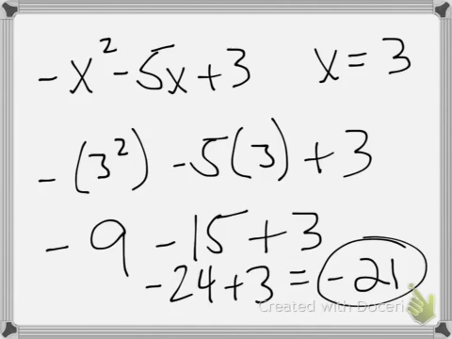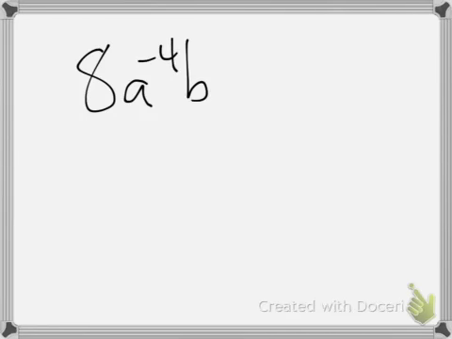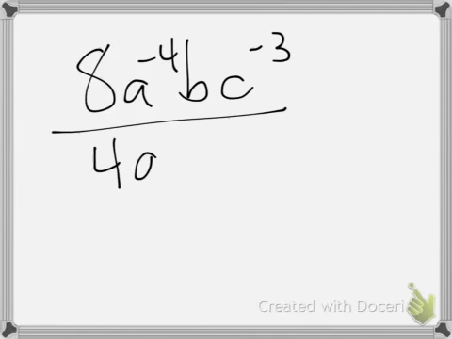Simple enough. The next topic I want to look at is when you're given an expression with negative exponents and it wants you to rewrite them using positive and also simplify.